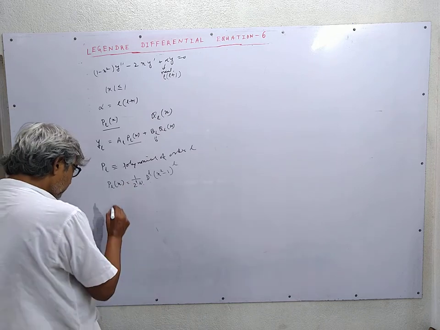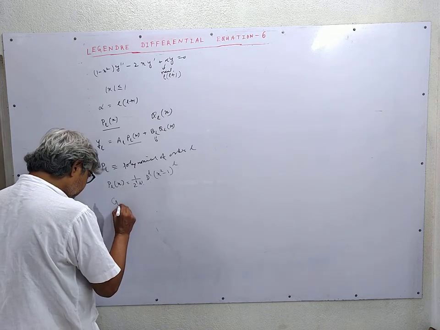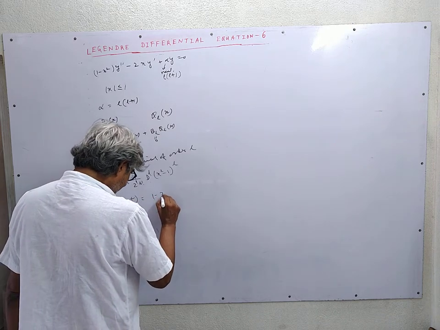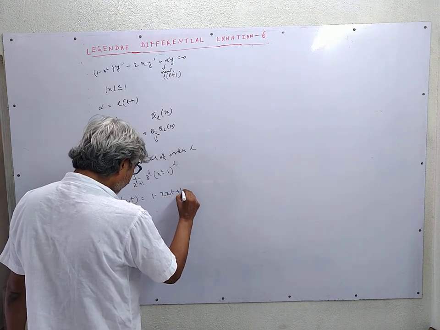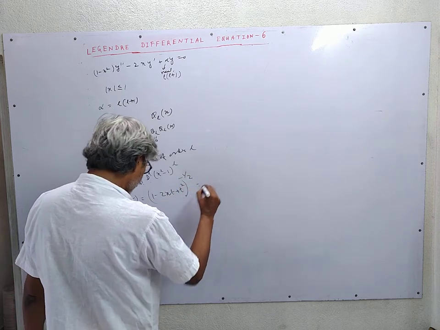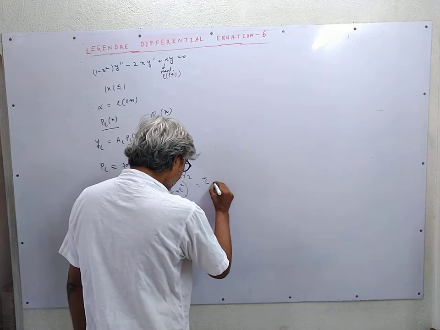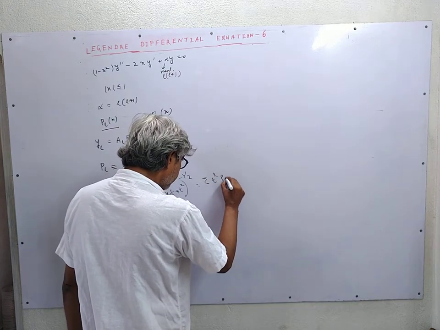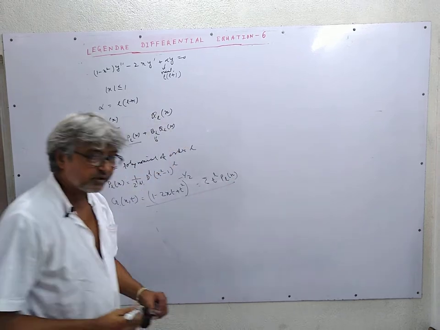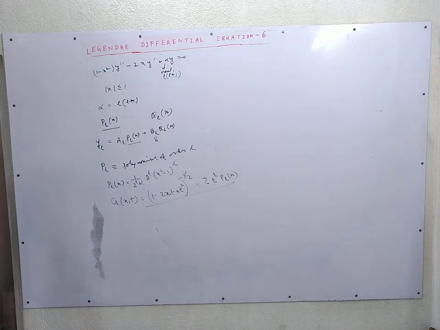There is another way of getting the Legendre polynomial. This is the generating function, which is very helpful in getting the Legendre polynomial or other special functions of higher order. This can be written as the sum of t to the power L PL of x, and this formula can directly be applied to the multipole expansion of the 1 by r potential.